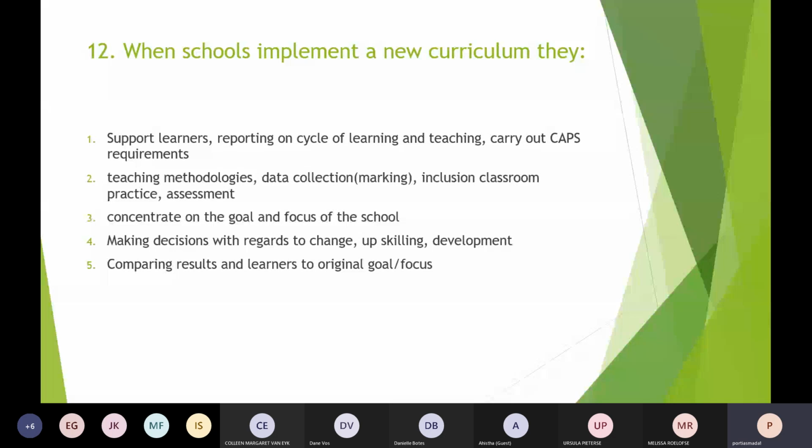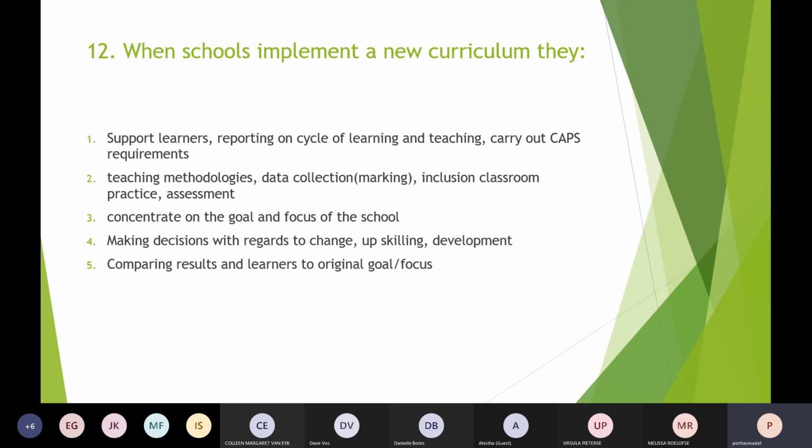When we look at teaching methodologies, the data collection and inclusion of classroom practice and the assessment, that normally has to do with the implementation of the curriculum. When you want to implement the curriculum, you must make sure that you have all that in place: the correct teaching methodologies, the inclusion in your classroom practice, the assessments must be in place, the data that you collected.